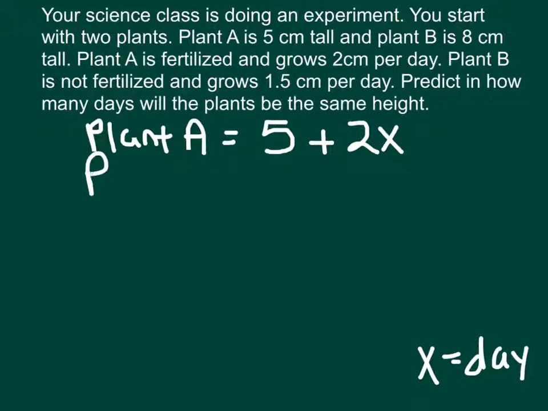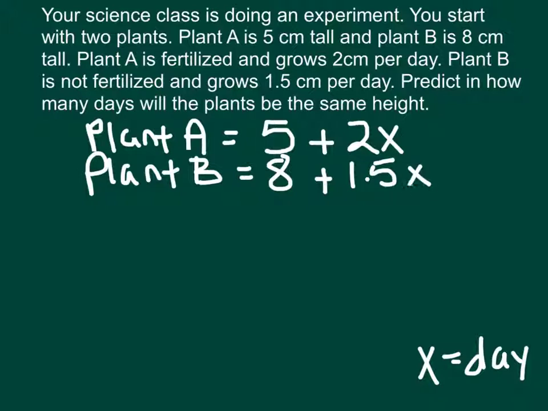Plant B is 8 centimeters tall and is going to grow 1.5 centimeters per day. And it says predict in how many days will the plants be the same height. So that means that plant A that starts out with 5 centimeters and grows 2 centimeters per day is going to be equal to plant B, which starts out at 8 and grows 1.5 per day.